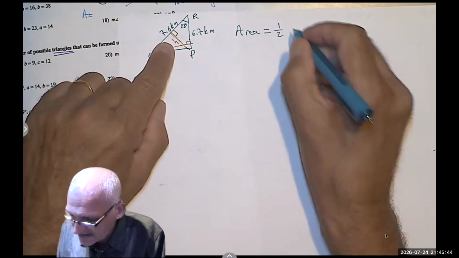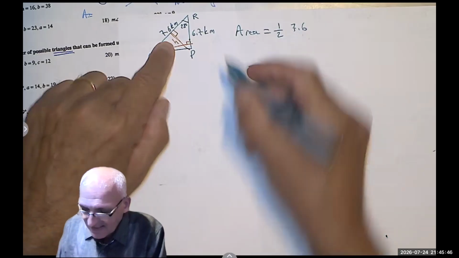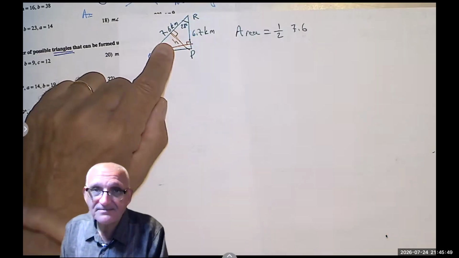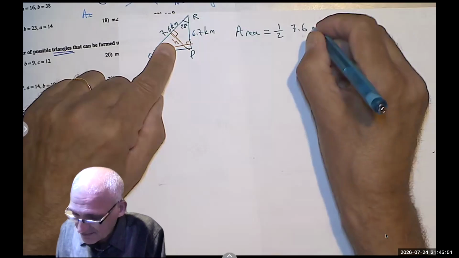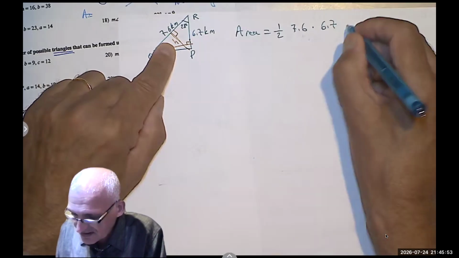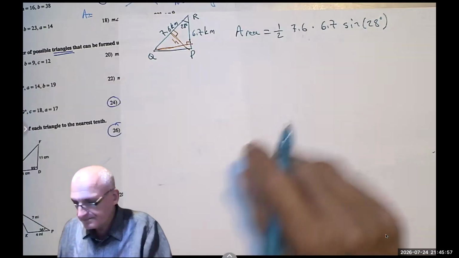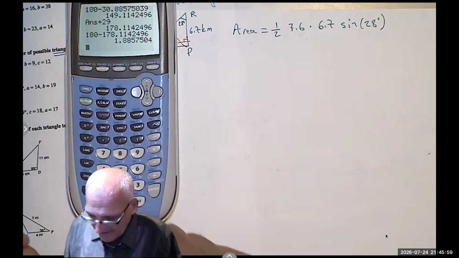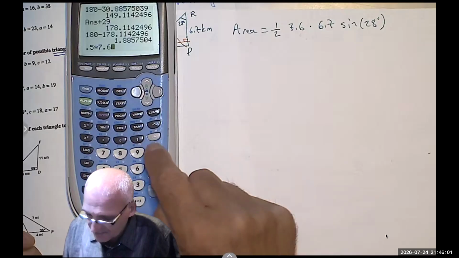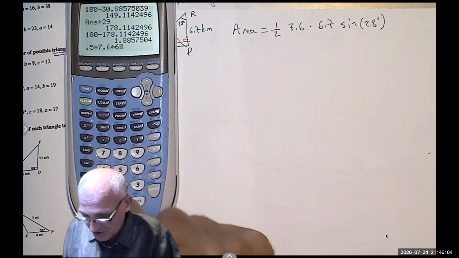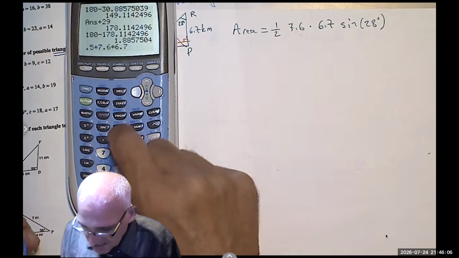I'm going to use the base is 7.6, and the height is this sine that times 6.7 sine 28. 1/2 times 7.6 times 6.7, and sine 28.